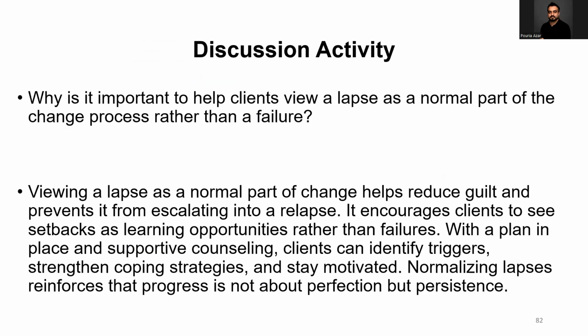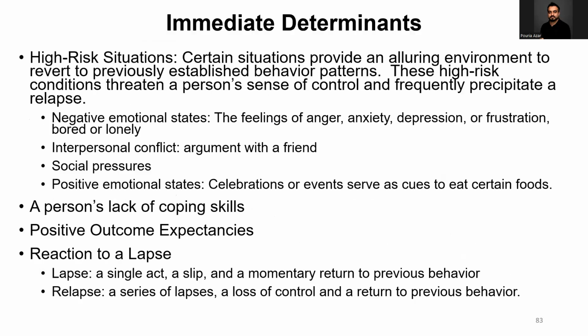Why is it important to help clients view a lapse as a normal part of the change process rather than a failure? Because viewing a lapse as a normal part of change helps reduce guilt and prevents it from escalating into a relapse.